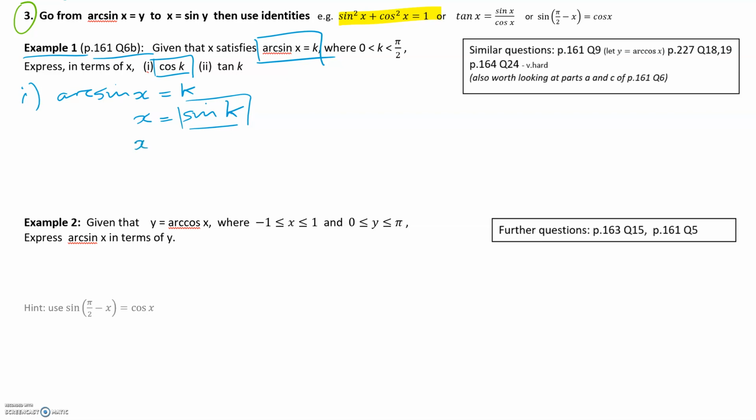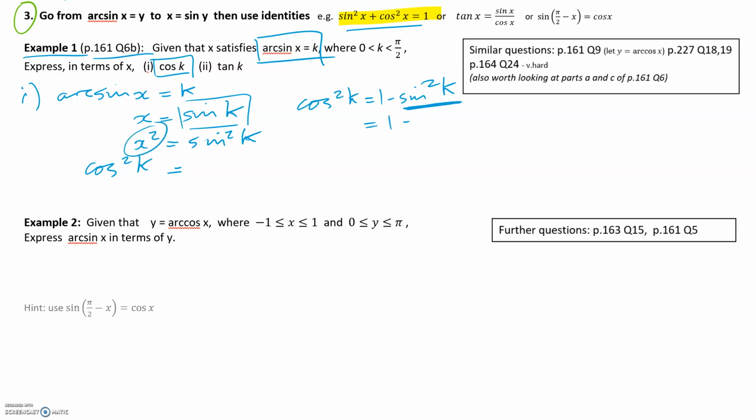So if we square both sides, we'll get x squared equals sine squared k, and then we know that cos squared k is going to equal 1 minus sine squared k from this up here. So cos squared k is going to equal, don't forget sine squared k is x squared from this, isn't it?